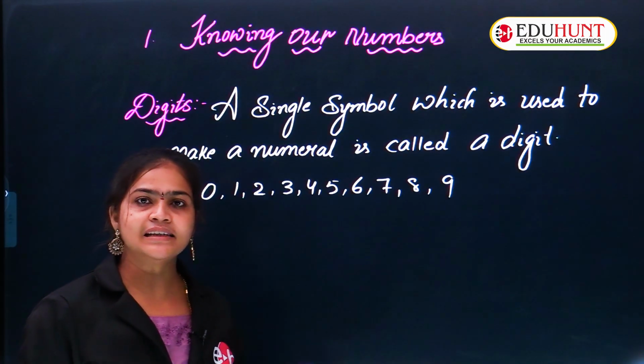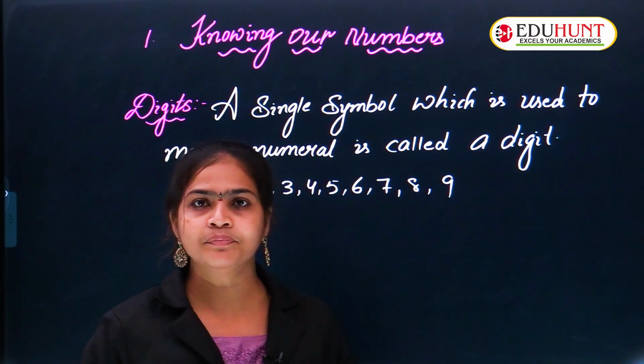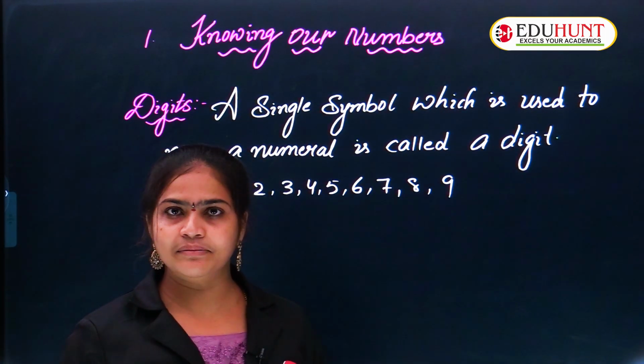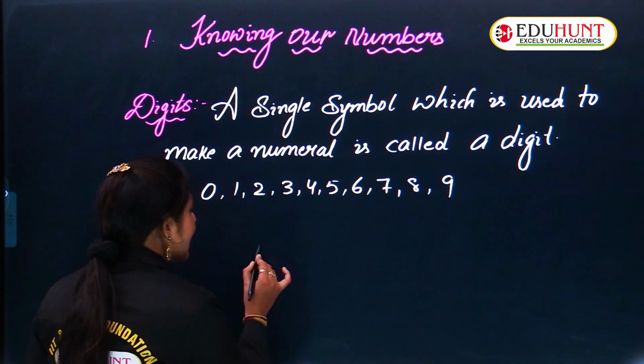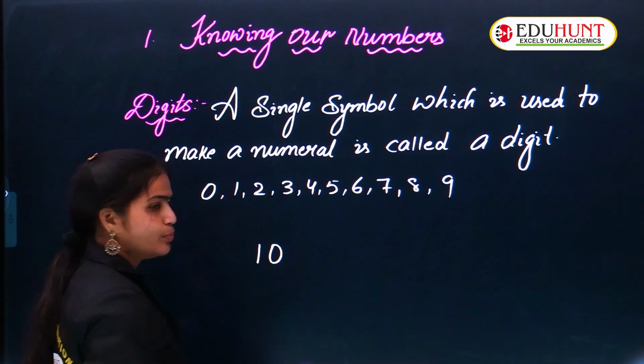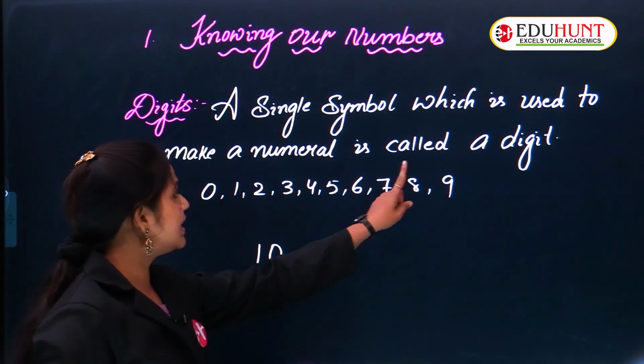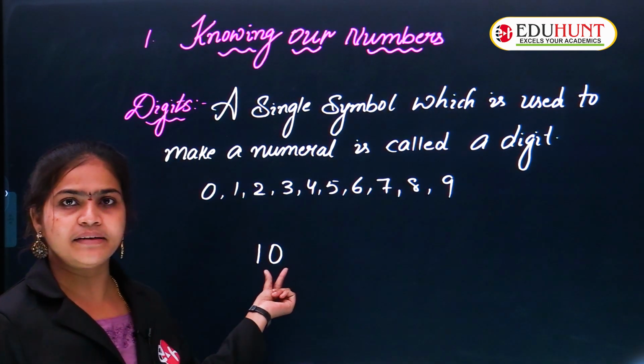After 9 what number will you get? After 9 you will get 10. How to write 10? In 10 we have 1 and 0. Yes or no? After 9 we have 10.